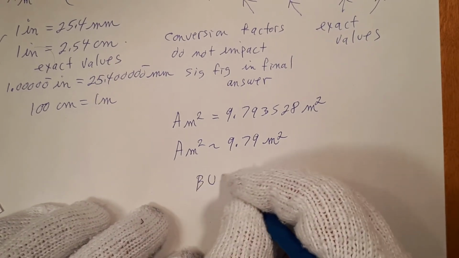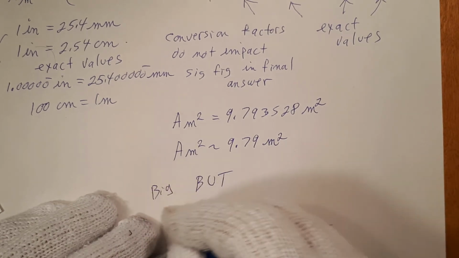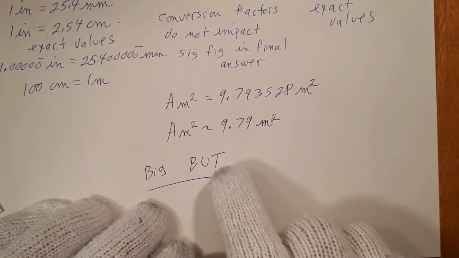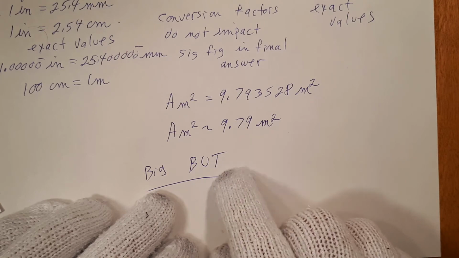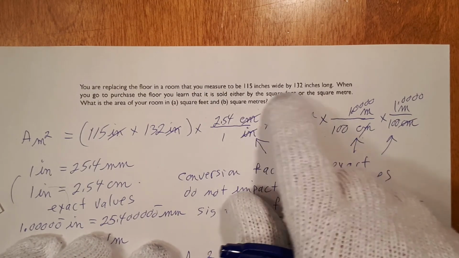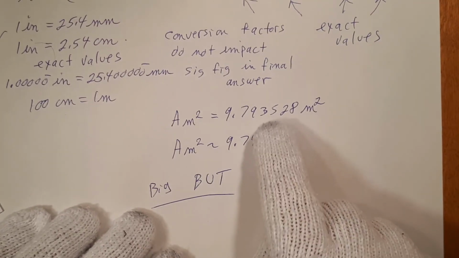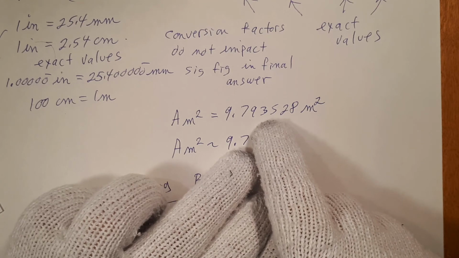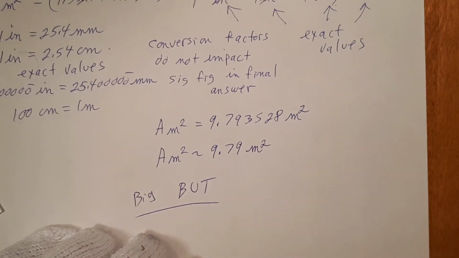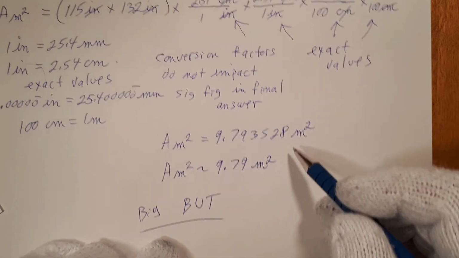But, and this is a big but, in real life, when you have made a measurement of a room, and you decide to round down to this square meters, you're obviously going to be a little bit short in the amount of material for that particular floor. It would be wise then to use your common sense in real life.